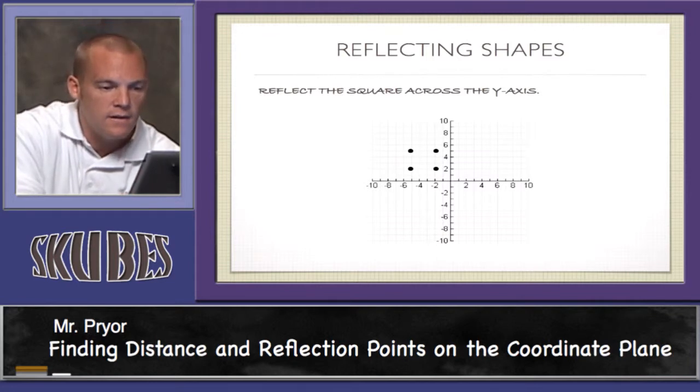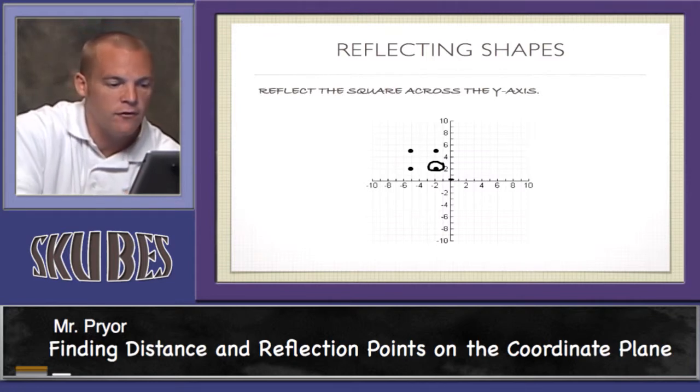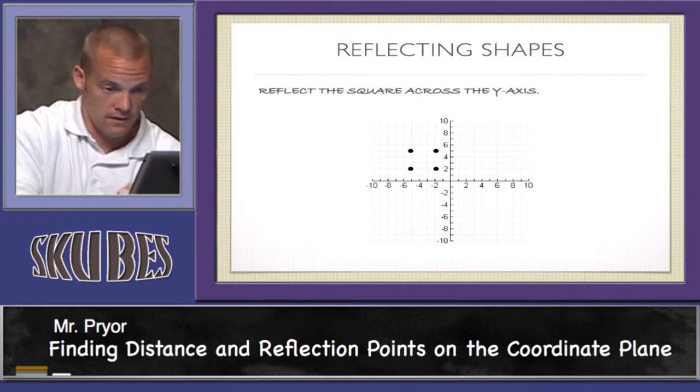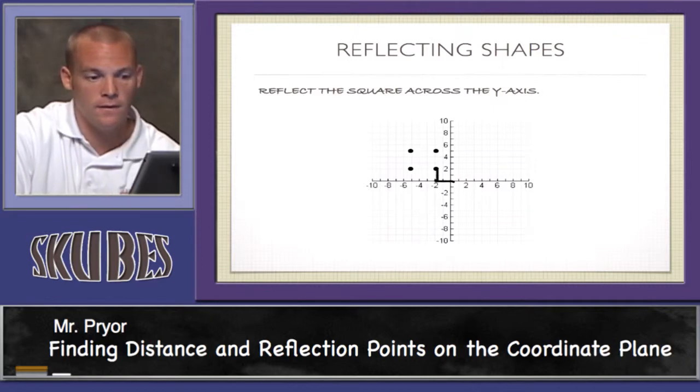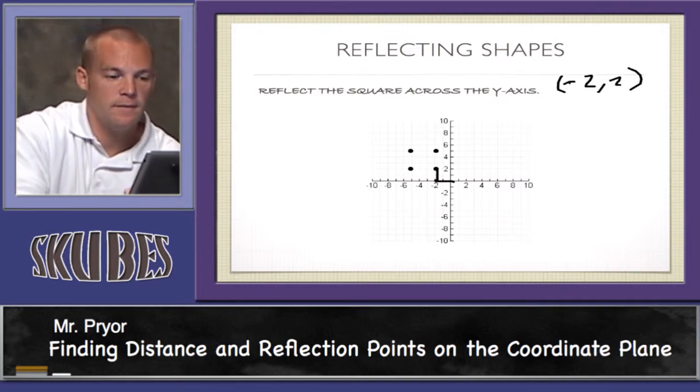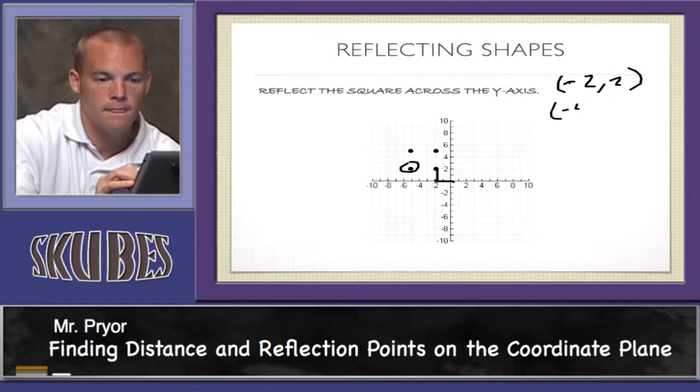So for instance, this first point, I'll call that my first point. We're going to find the coordinates of that point. That is going to be -2 on the x, +2 on the y. So -2, +2. All right, then we're going to do the same thing for the next point, which will be right here. I'm going to do -5, +2.